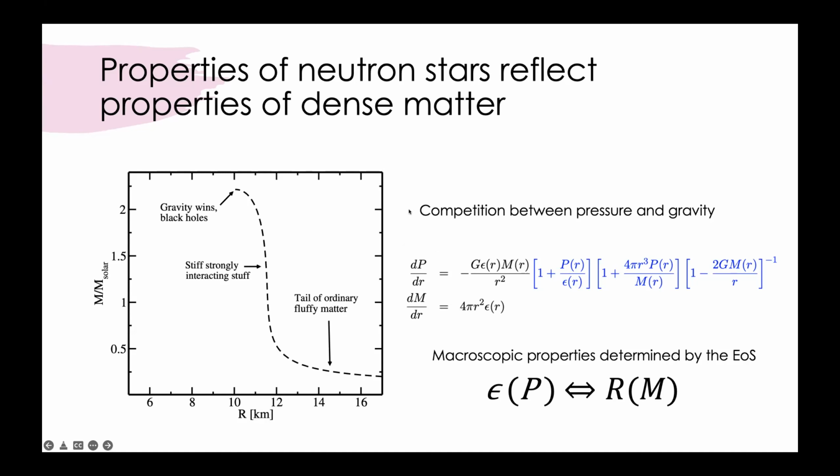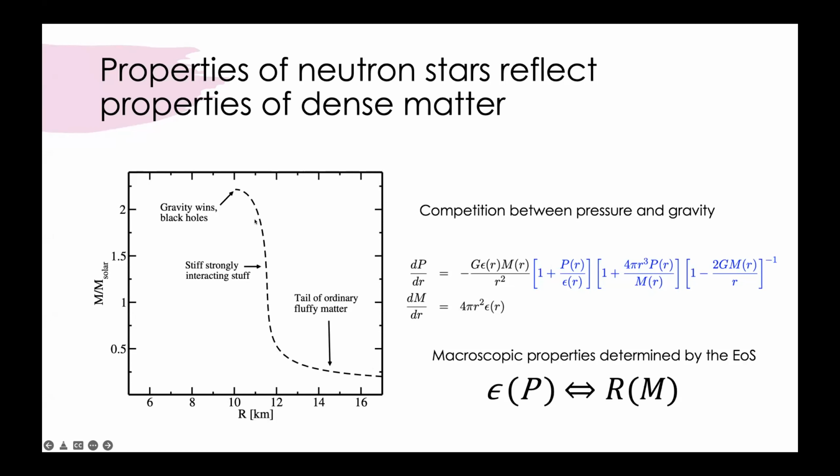Whereas in heavy ion collisions, this mapping between micro and macro physics comes through hydrodynamics, here it's hydrostatics, the competition between the pressure and gravity that transforms the equation of state into macroscopic properties. For example, this iconic plot of the radius as a function of mass.